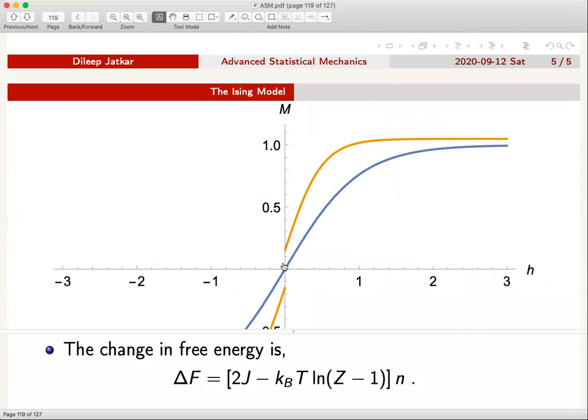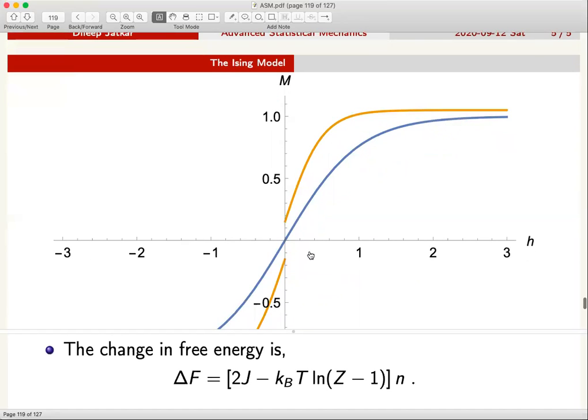Okay, and this fact is the one which is responsible for the statement that in the absence of an external magnetic field, you have spontaneous magnetization. This is a magnetization versus external magnetic field graph. Now this is something you may have done in the undergraduate lab also.